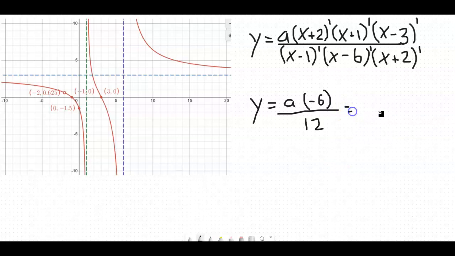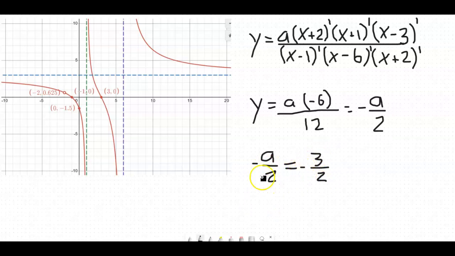All right, this is going to reduce down to -a over 2, right? Now, when x is equal to 0, our y value is equal to -3/2. So I now get to solve this equation.